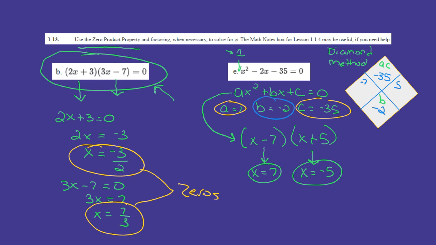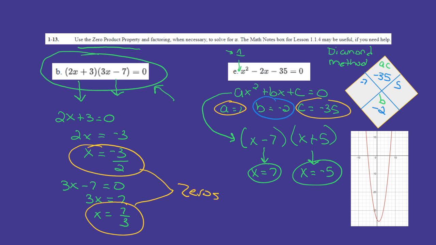Now, I'm going to show you a quick graph of why that's important for down the road. So hang on just a second. So you will see here that I have added a graph of this particular function. And one thing that's really important, and you're going to learn this later, is this is a parabola. And you may have already learned this, but this is review.